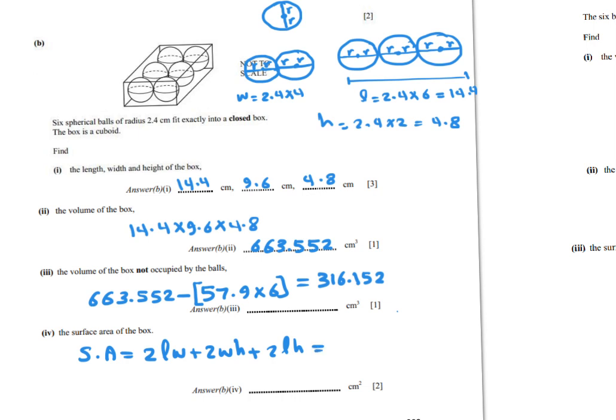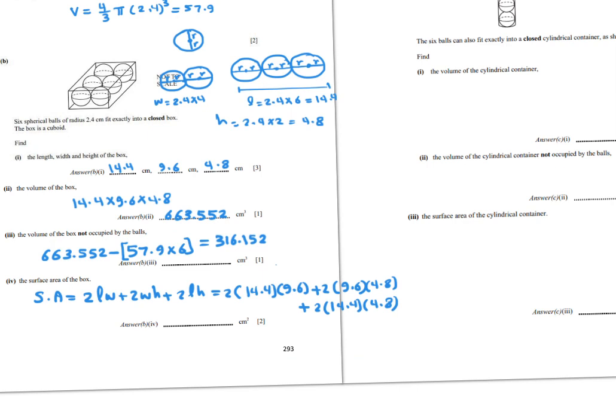So 2 times 14.4 times 9.6 plus 2 times 9.6 times 4.8 plus 2 times 14.4 times 4.8. The answer is 506.88.